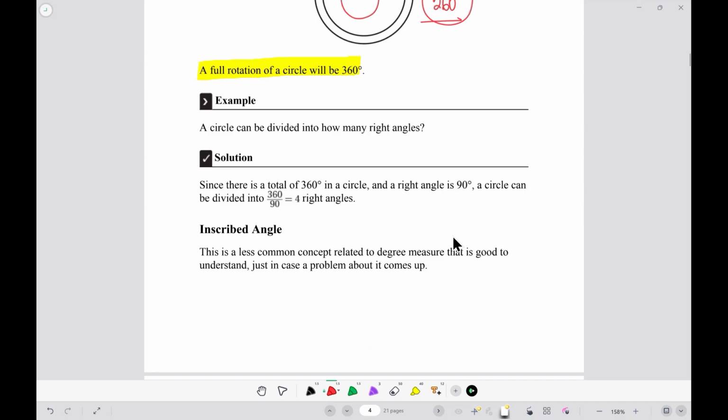Focus on the example. A circle can be divided into how many right angles?